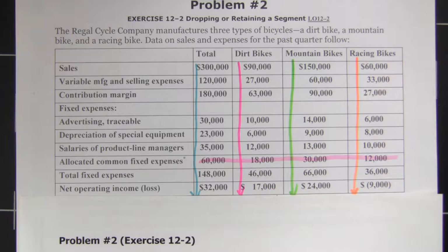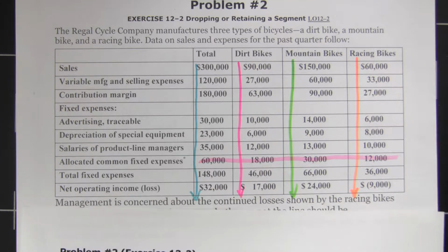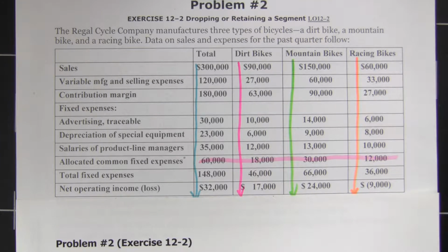If their theory is correct, by giving up the racing bike division, their income should go up $9,000, if their information is correct. Let's see if it is.